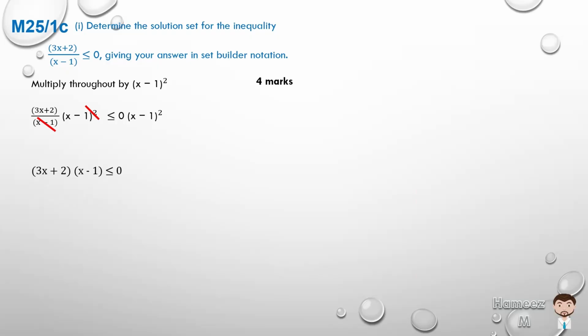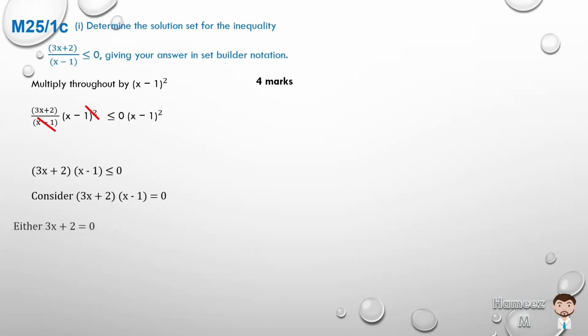Now, we're doing this form in order to find the two key points for this inequality. If we consider it to be a quadratic equation, meaning it's equal alone, not less than or equal to, then we could consider, just like the last question, two factors.